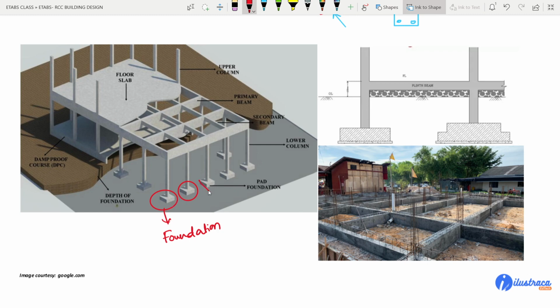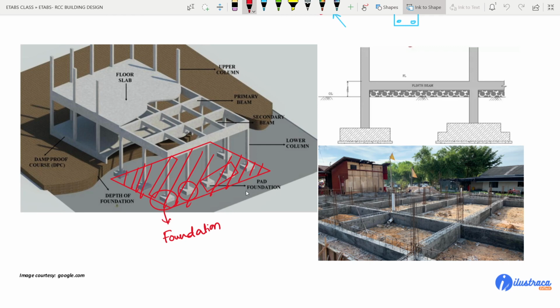This can be combined for these two, or it can be, you can say, one foundation as a whole for all the columns like this. It is also possible in different situations when columns are closely spaced.